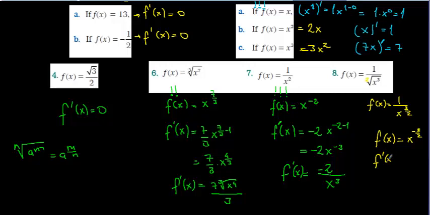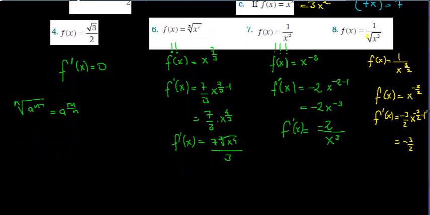f derivative x is equal to minus 3 over 2 times x to the power of minus 3 over 2 minus 1, and that's equal to minus 3 over 2 times x to the power of, 2 times minus 1 is minus 2, minus 3 minus 2 is equal to minus 5, minus 5 over 2.